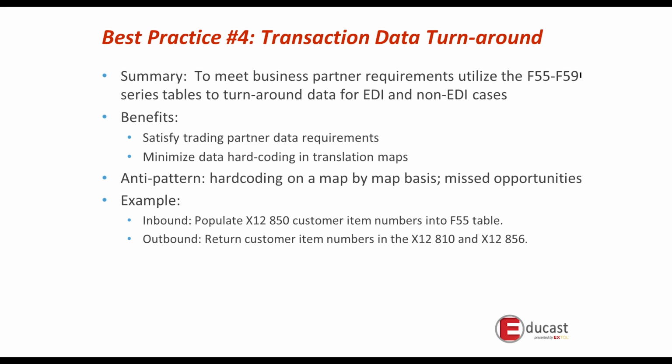We still need to capture it one way or the other to return it on the 810 or the 856 if we were to send an outbound invoice or an outbound 856. What we would be able to do then is use the F55 and F59 series tables to capture that data and return it.